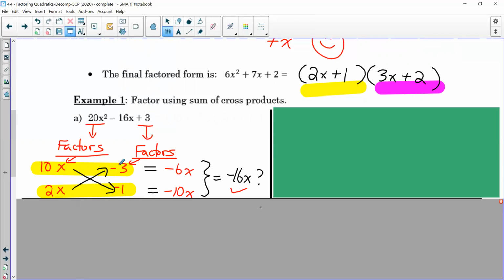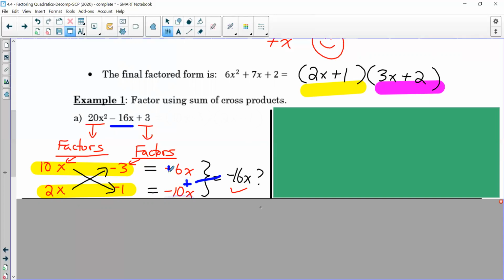So if you happen to use 3 and 1, well, here's the trick. We're going to cross product these. So the 10x times this number down here, and the 2x times this number up here. Now the sneaky part though is the results that we get, we want these to add to get a total of the middle term.